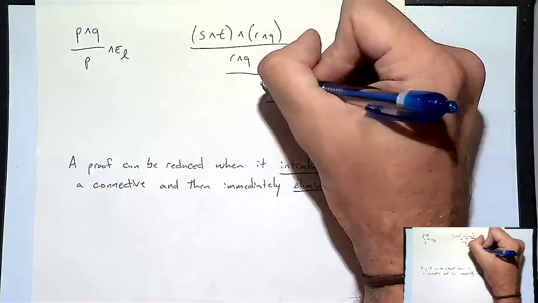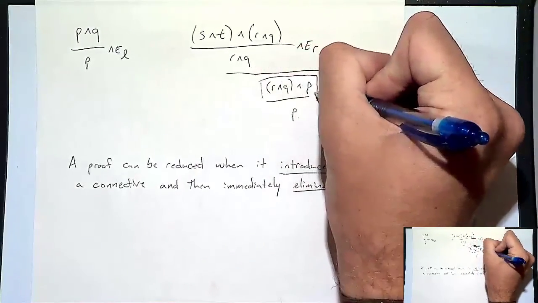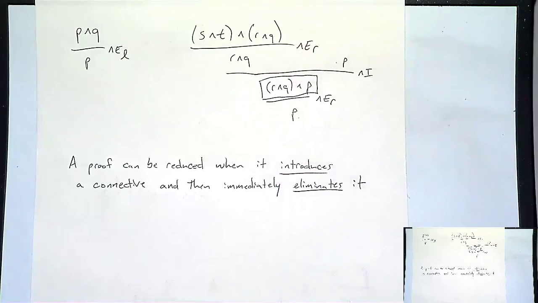So, right here, we have a conjunction that's introduced and then immediately eliminated. Right? We've taken our two proofs, we've used conjunction introduction to package them together, and then we've immediately taken the right thing out of the package. So what reduction is going to do is going to give us a way of just skipping that roundabout procedure. Right?